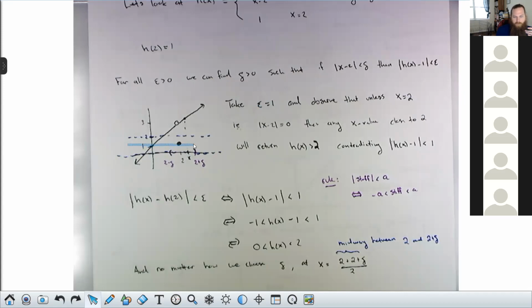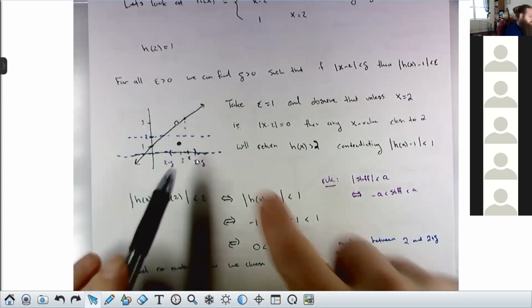The value of the limit is supposed to be 1, right? The limit as x approaches 2 of h of x is supposed to be the value of the function there, which is 1. So what we're doing is we're looking at an epsilon window about 1, and we're showing that even with this large epsilon window, epsilon equals 1, there is no delta window, right?